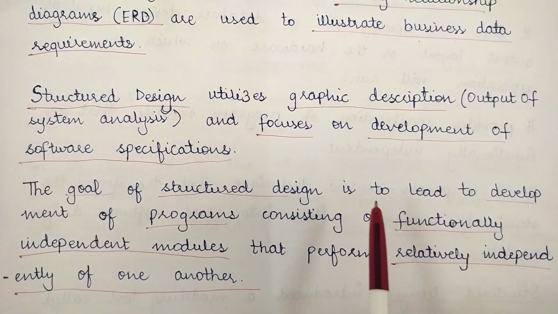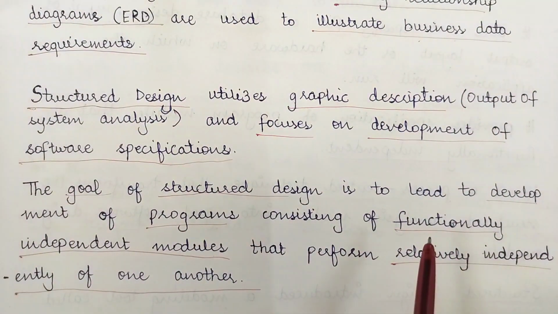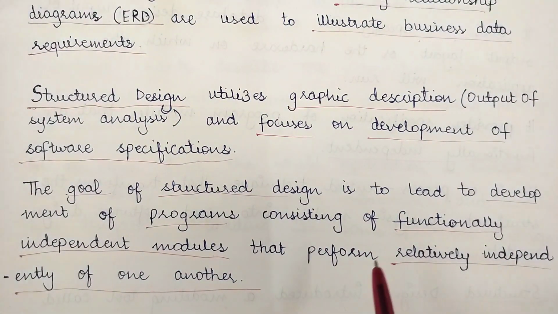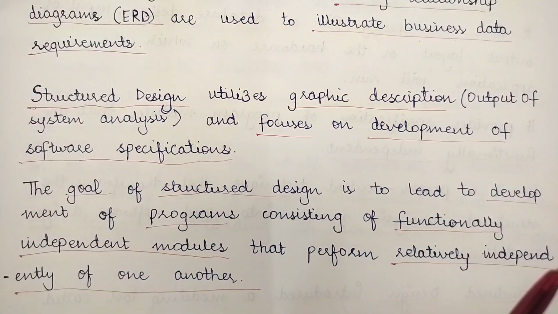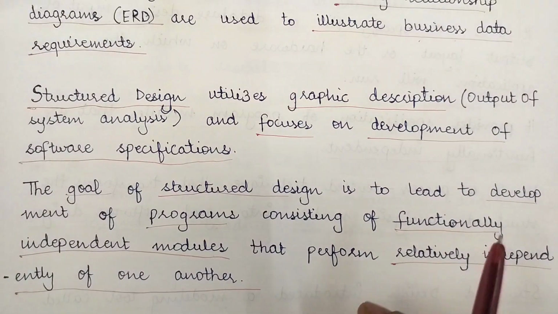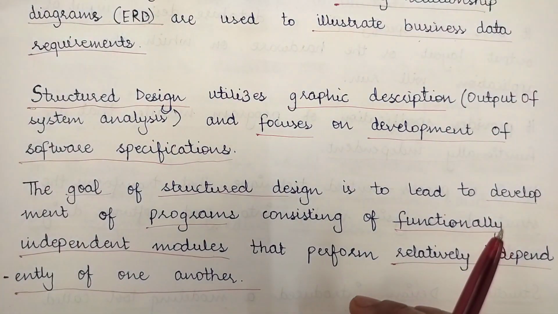And though these modules coexist in the same information system and they are correlated to each other, yet they are expected to be functionally independent modules. When I say functionally independent modules, that means the functionality of one module should not affect the functionality of another module, and all those modules, despite coexisting in the same information system, must perform independently of one another.